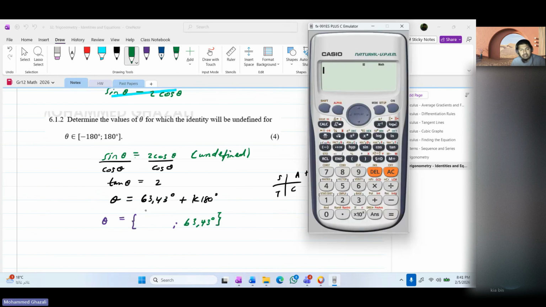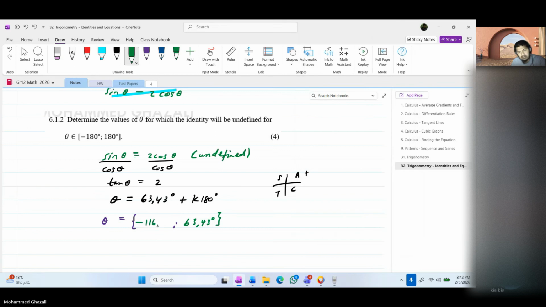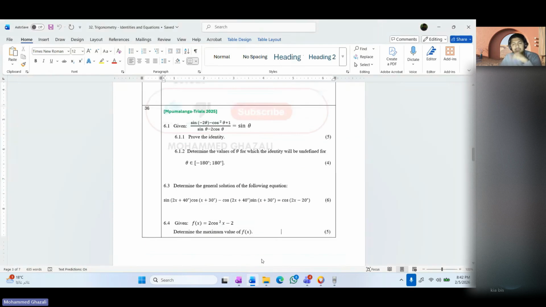If I put -1, 63.43 minus 180 is -116.57. That's within the boundary. So only those two answers, right? Determine the values of theta for which the identity will be undefined for minus 180 to 180. That makes sense.